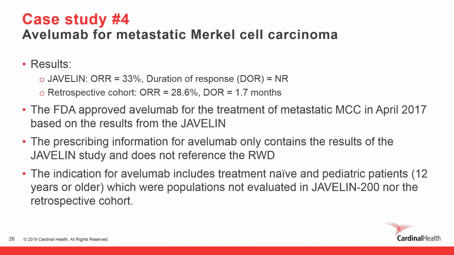The prescribing information only contains the results of the Javelin study, and there's not a reference to the real-world data specifically for the efficacy. And interesting enough, the FDA decision is such that it's not just for patients who have progressed after first-line chemotherapy, but Avelumab is indicated for the first-line treatment as well, and includes patients who are 12 years of age and older.